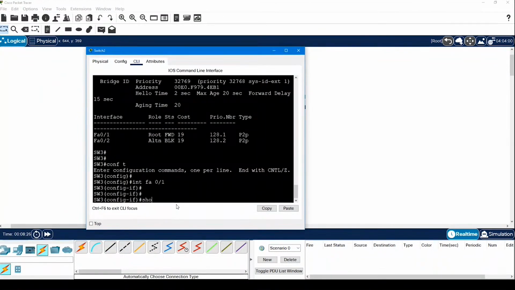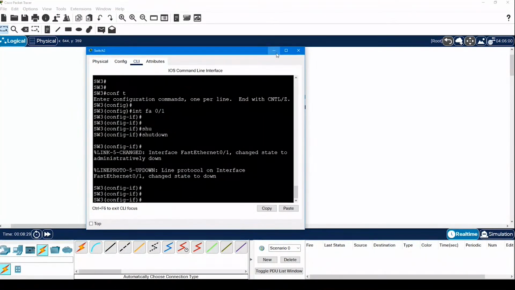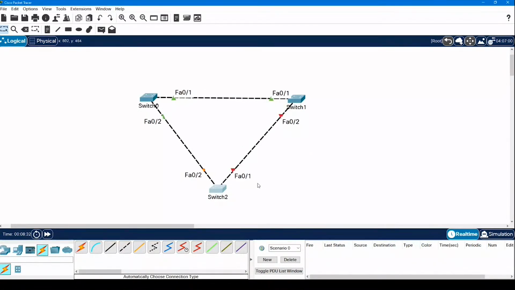Now we will say shutdown. Now if we press the forward button, you can see that this port is up now because that's the only way to reach switch 1, right? Because this port is down. Make sense?